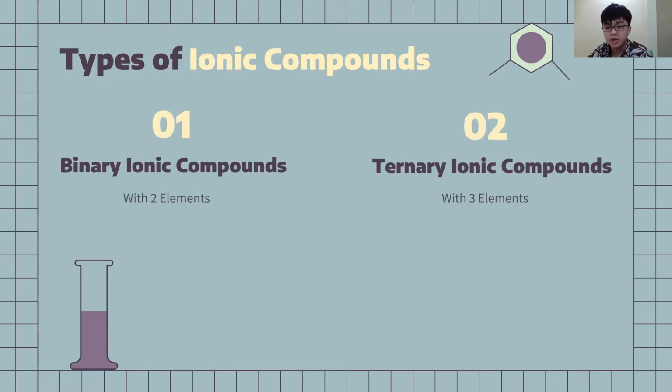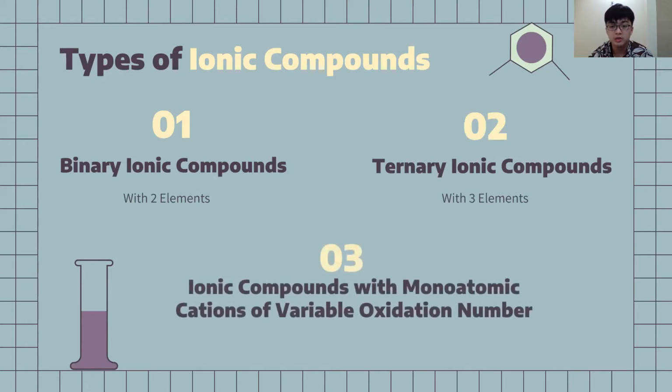For example, Mg(BrO3)2. They have three elements. And the last one is ionic compounds with monoatomic cations of variable oxidation number. The example is iron. Iron has an oxidation number of +2 or +3.